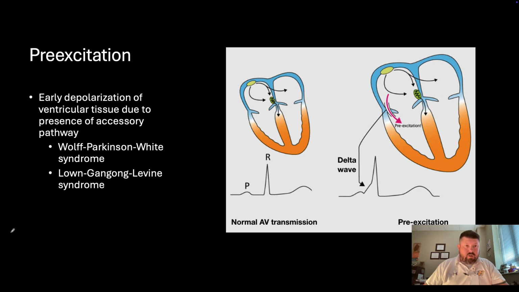So where normally you would have your P wave and then you would have your moment there where you have your PRI, with the accessory pathway or preexcitation, you're going to have a very short PR, and it's going to go straight into the ventricle. Really should look more like this.